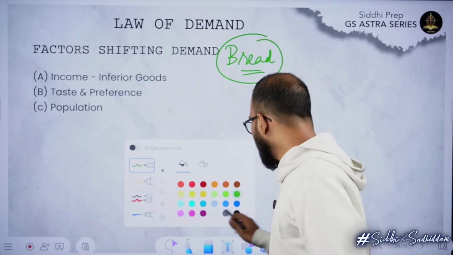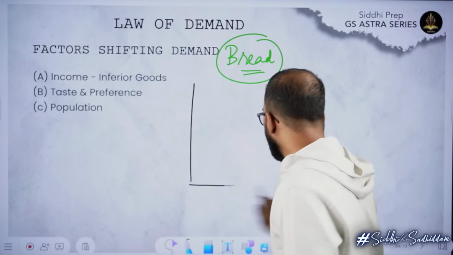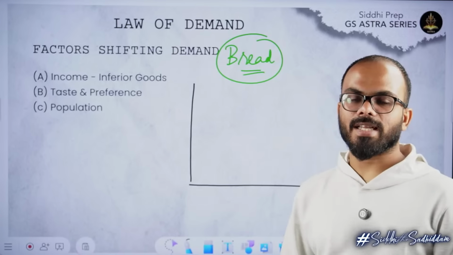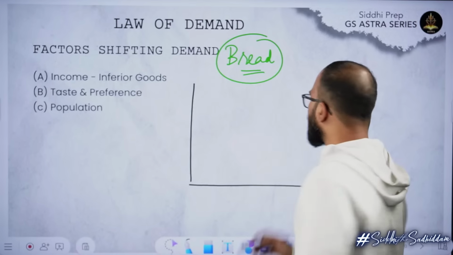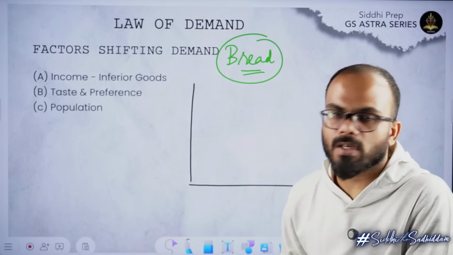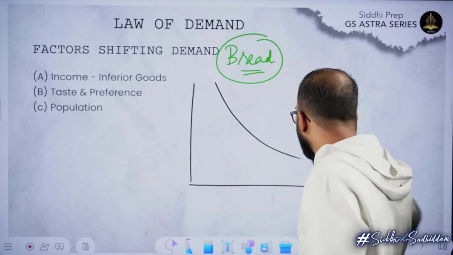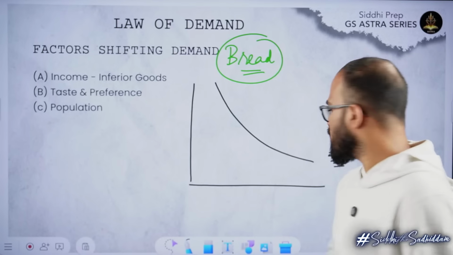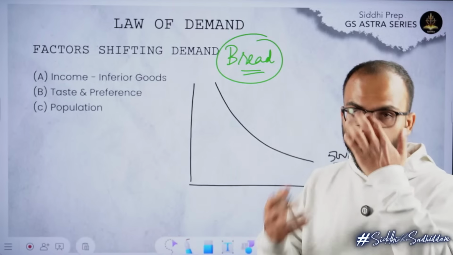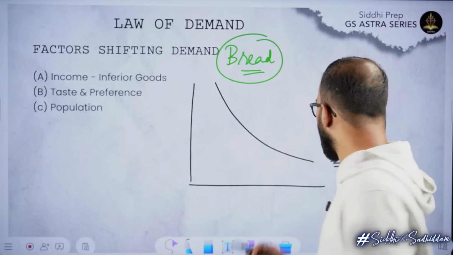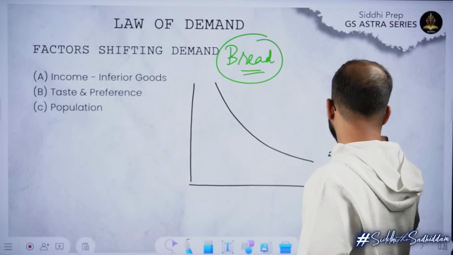Earlier, let us consider India's per capita income was 5,000 rupees. When it was 5,000 rupees, this is the demand for bread. But let us consider India's economy performed very well, so per capita income now became 20,000 rupees.